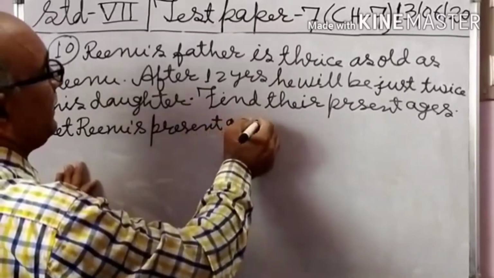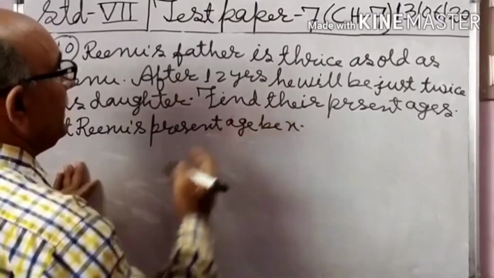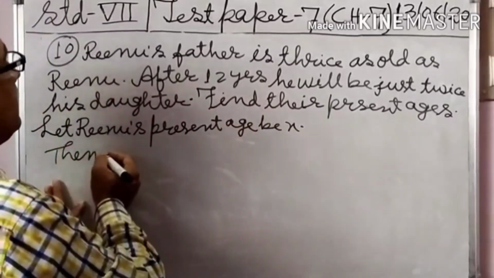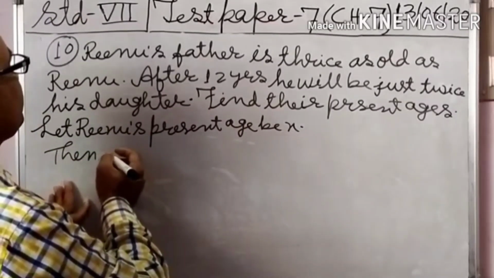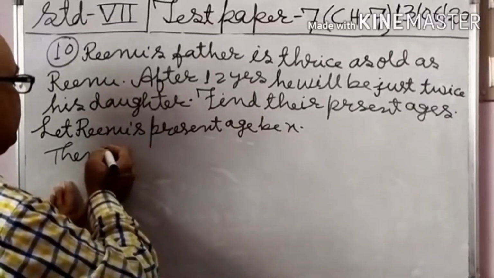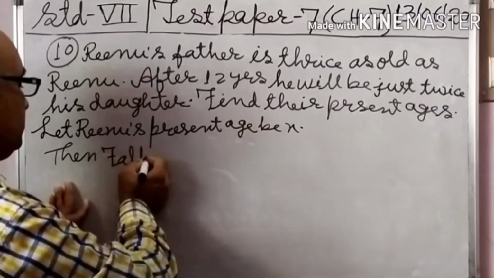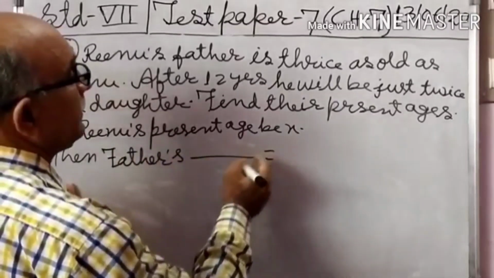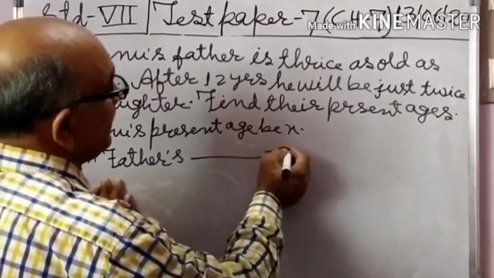Let Renu's present age be x. Then Renu's father's present age equals thrice, that means 3x.